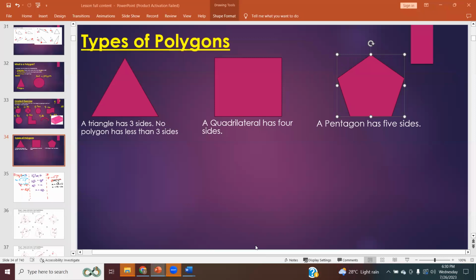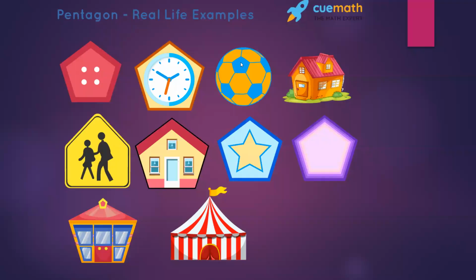Think sports. If you look at a soccer ball, you see those pentagon shapes in it. Those are pentagons.